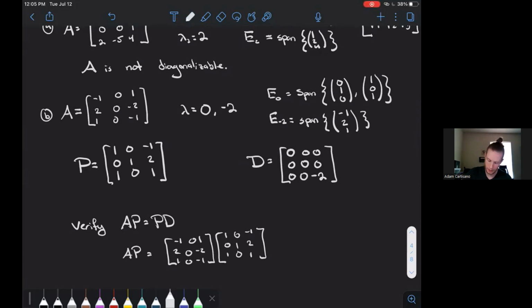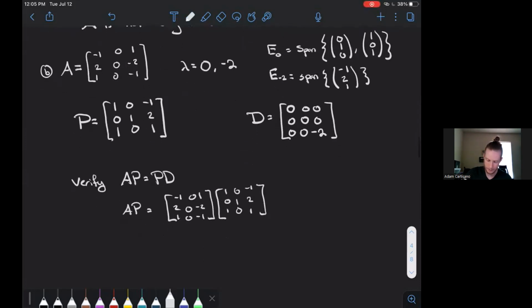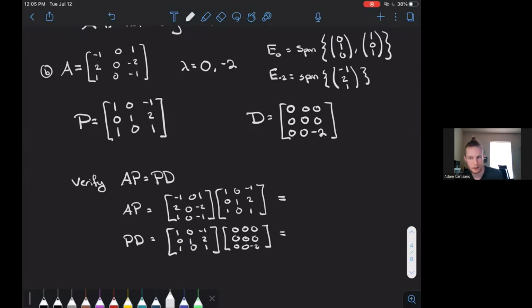That's more work than checking this matrix product followed by PD, which is 1, 0, 1, 0, 1, 0, 1, negative 2, 1, negative 1, 2, 1 times D, which is like zeros everywhere. And just checking the matrix product.